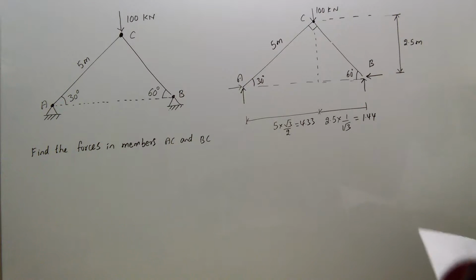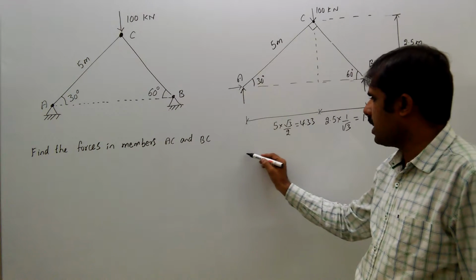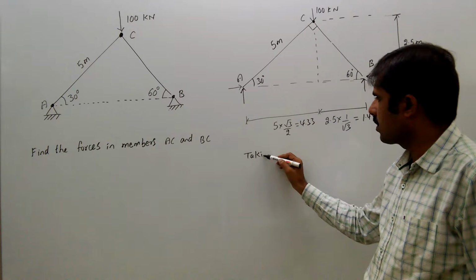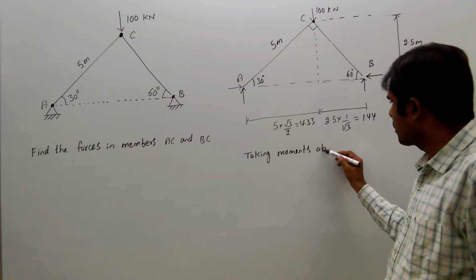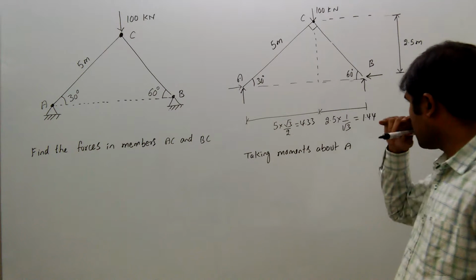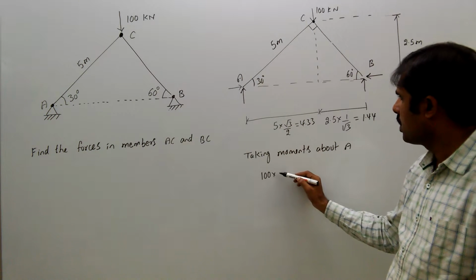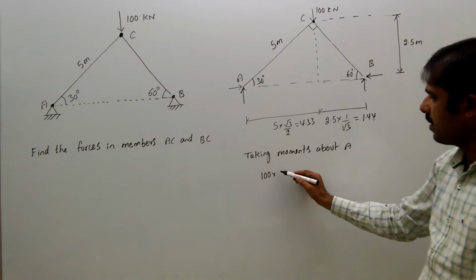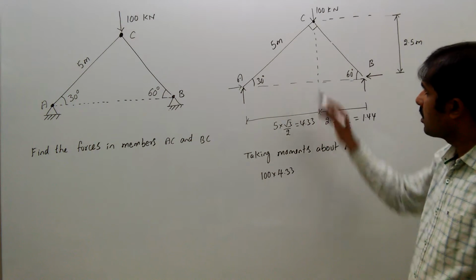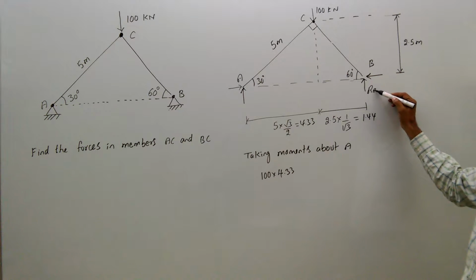Now, first we can find reactions. Taking moments about A. Sum of the moments must be 0. That means 100 into clockwise moment, 100 into this distance here to here, 4.33. Clockwise moment. That equal to this reaction RB.